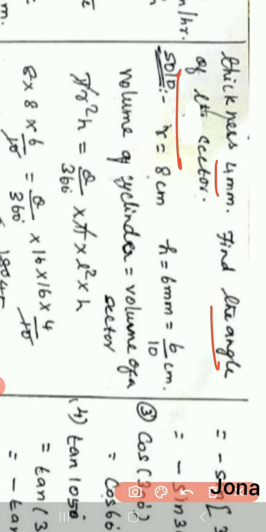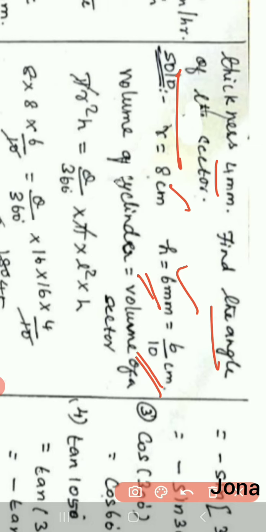First, we can write what is given in our problem. The circular metallic plate has radius 8 centimeter, and the thickness, which is the height of that circular thing, is 6 millimeter. If we want to convert millimeter into centimeter, divide by 10, so it will be 6 by 10 centimeter.